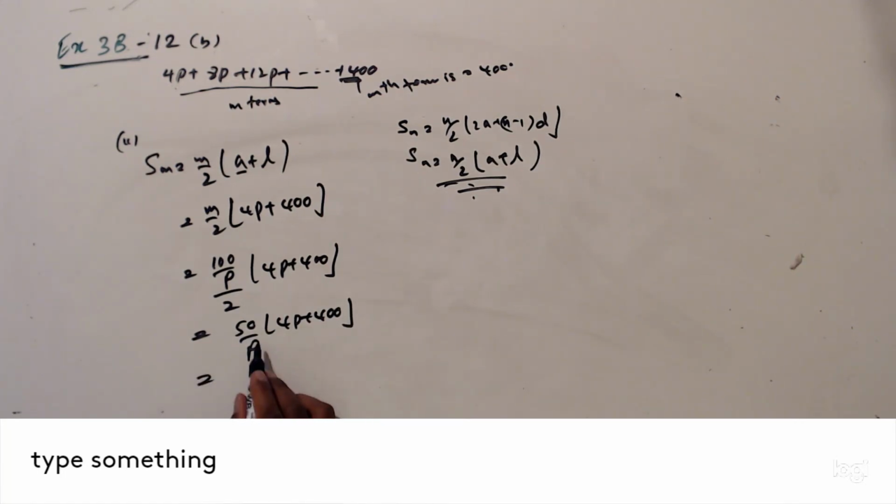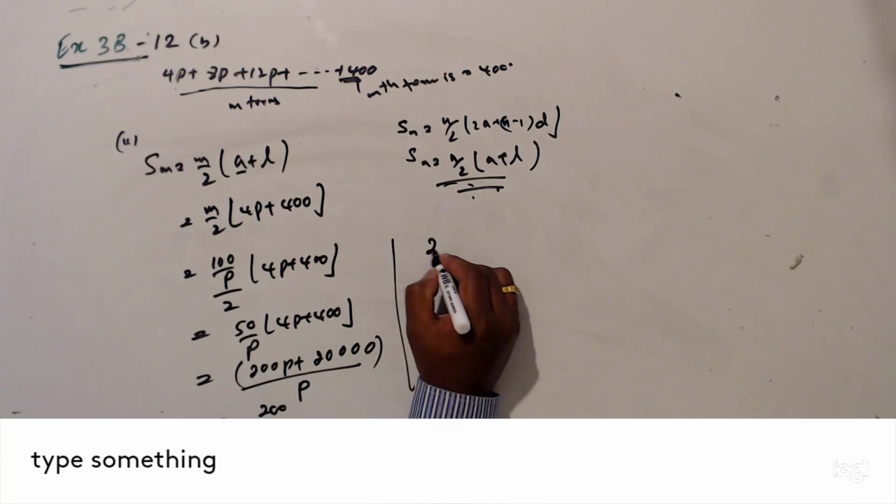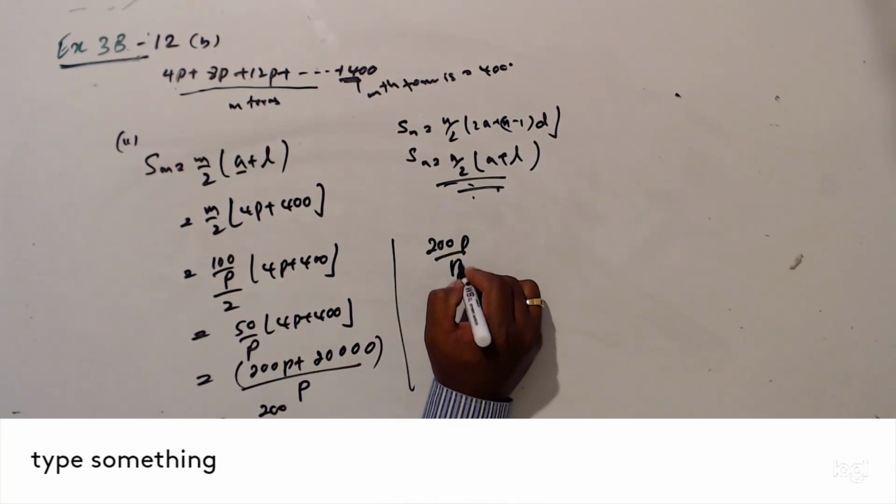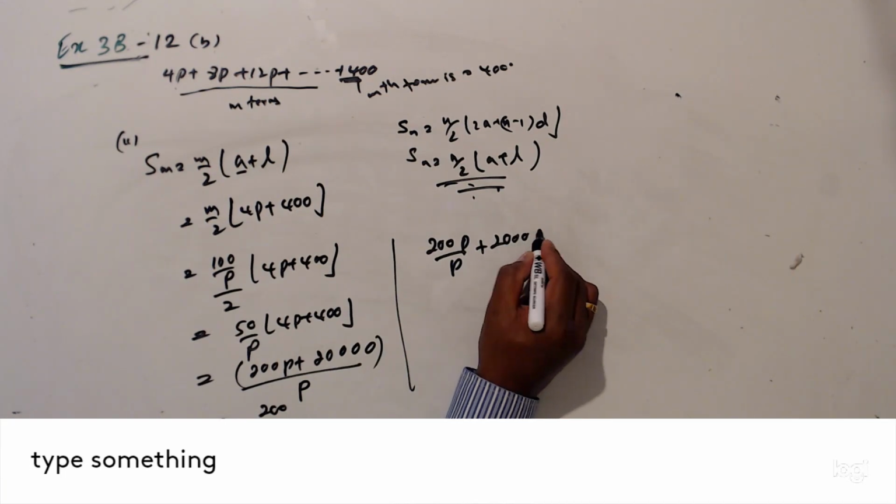So this is going to be 50 over p times (4p plus 400). Then we can multiply 50 times 4, that is 200, so 200p plus 20,000 over p. We'll separate this one: 200p over p plus 20,000 over p.